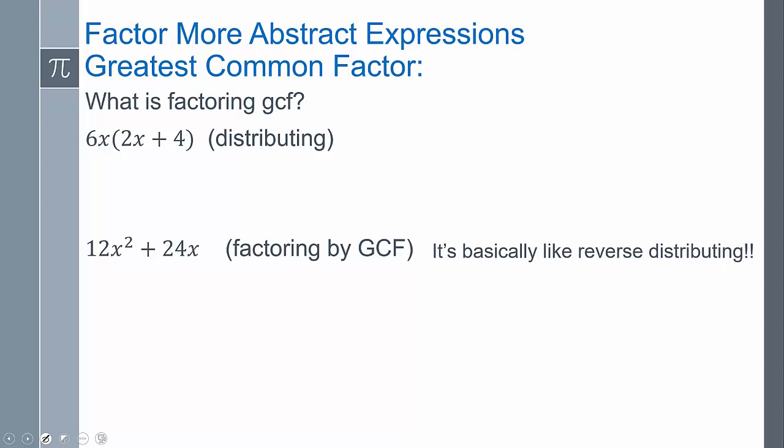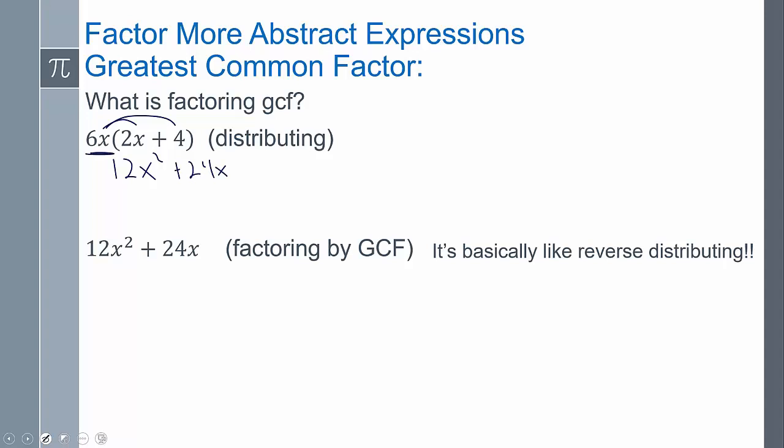So for example, the next is going to be the greatest common factor. And all that is within a statement, we look at every single factor or every single value that's in common. Now, a way to think about it is it's almost like reverse distributing. So in this instance here, if I distribute that, that gives me 12x squared plus 24x.